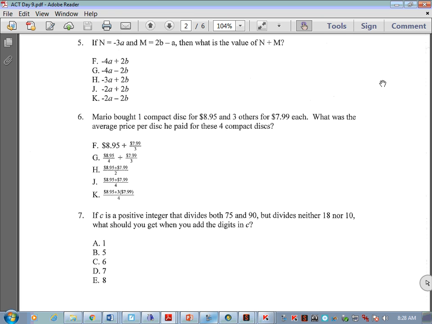Yeah, but whenever you're finding the average, you want to add all of the numbers and then divide it by 4. If n equals negative 3a and m equals 2b minus a. Okay, yeah, I was going to say average. I don't think we're needing to find the average there. We're just adding. Okay, so combination of like terms.